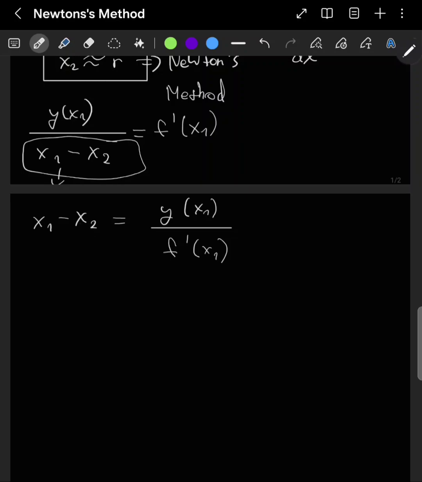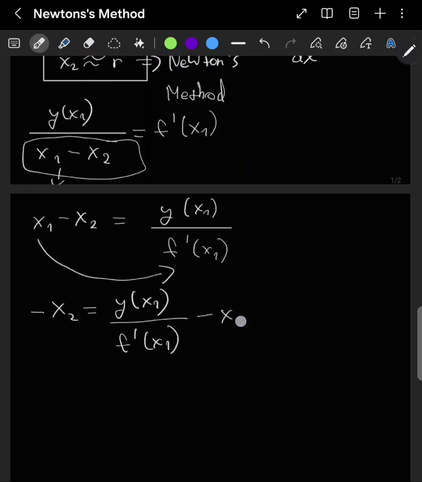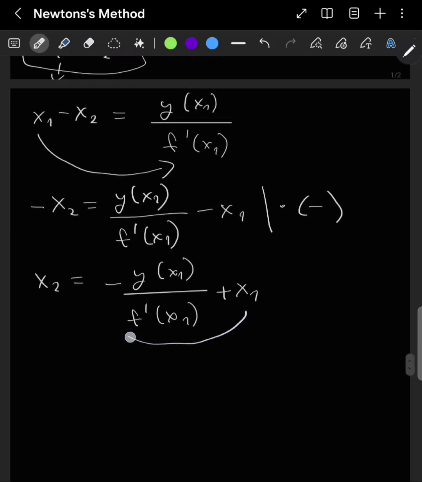We're going to find x2, right? So if we move this x1 over here, it's going to be negative x2 equals y(x1) over f prime of x1 minus x1. If we multiply this by a negative sign, it's going to be x2 equals negative y(x1) over f prime of x1 plus x1. Now let's move this x1 to here. It's going to be x2 equals x1 minus y(x1) over f prime of x1.